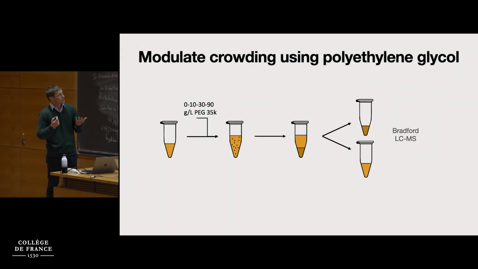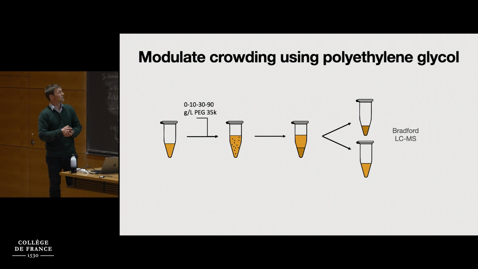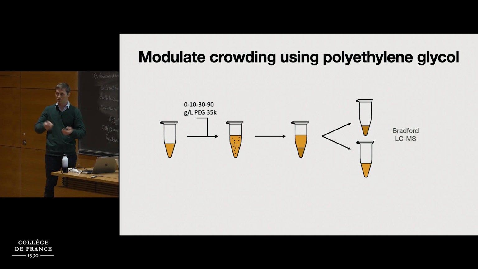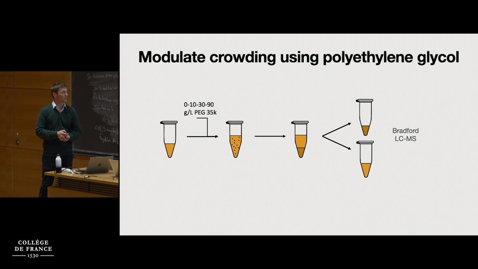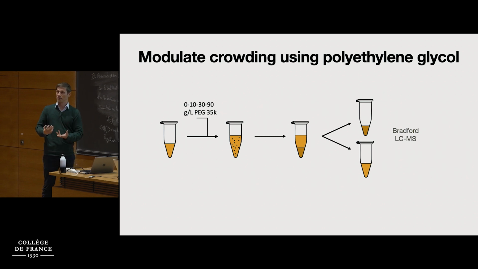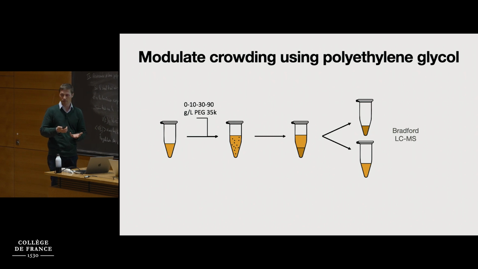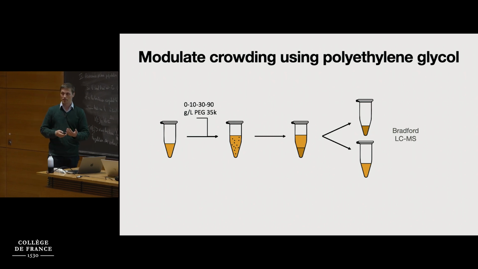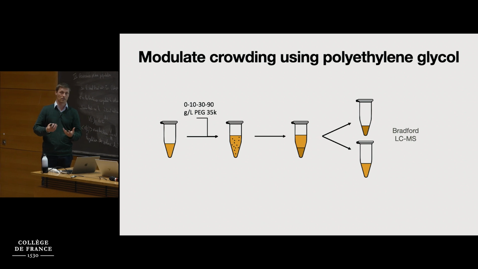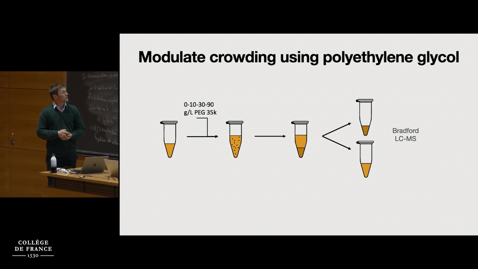So the second observation and information that we got for free when we did this experiment is that when we added this PEG, we got all these little condensates, and condensates are an interesting topic these days. And we figured that we could also just look at what proteins are specifically prone to enter into these condensates when we add crowder. So are there proteins that phase separate in a crowding-specific way?